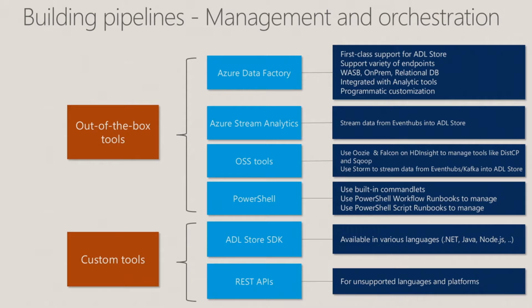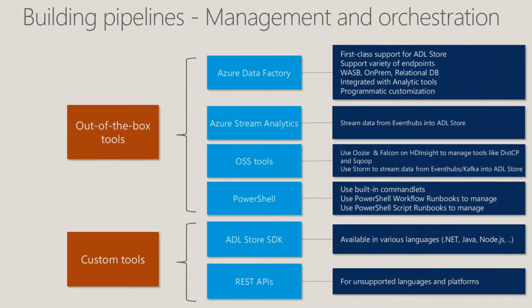If you have events, we haven't talked much about getting data from event sources, especially in the IoT world. We have a lot of streaming data coming in. How do you do that? You can use Azure Stream Analytics to manage that because it runs all the time. So you can use Azure Stream Analytics to get data from event hubs into Data Lake Store. You can also use tools like Storm.